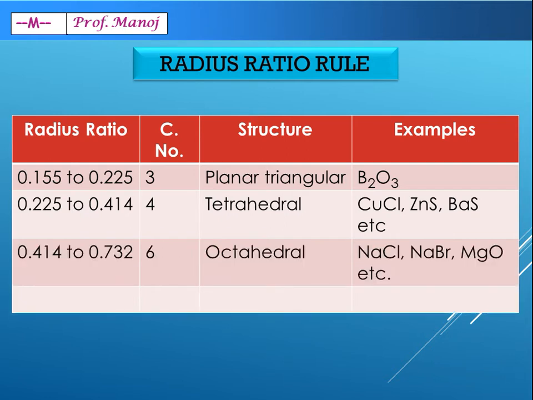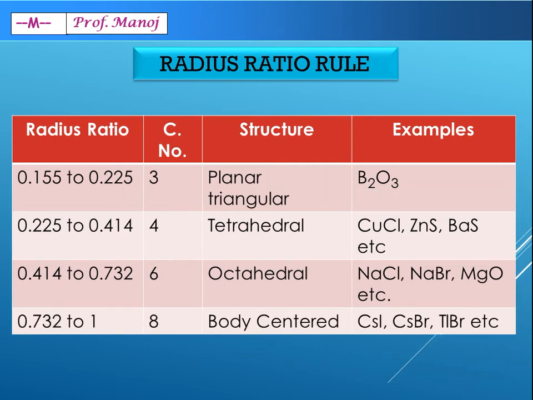If the radius ratio is in the range of 0.414 to 0.732, the coordination number is found to be 6. It gives rise to an octahedral structure, and examples are sodium chloride, sodium bromide, and so on. The last possibility is if the radius ratio is in the range of 0.732 to 1, the coordination number is found to be 8, and it is a body centered cubic structure. Examples like cesium bromide, cesium iodide, etc. are found.